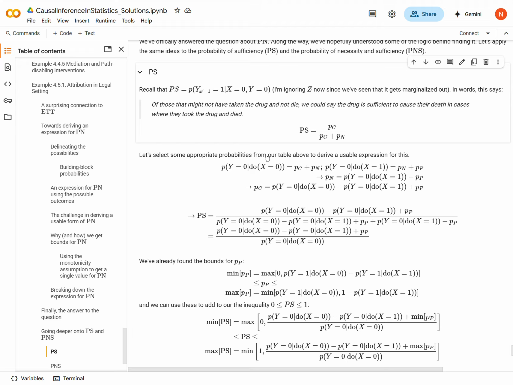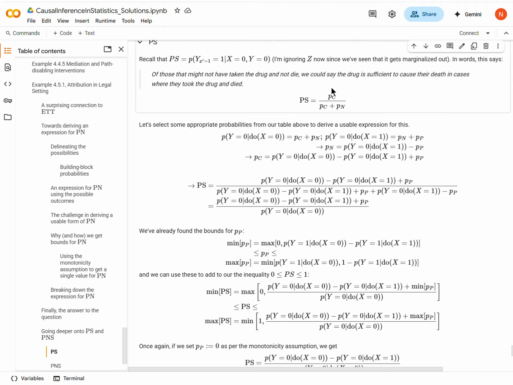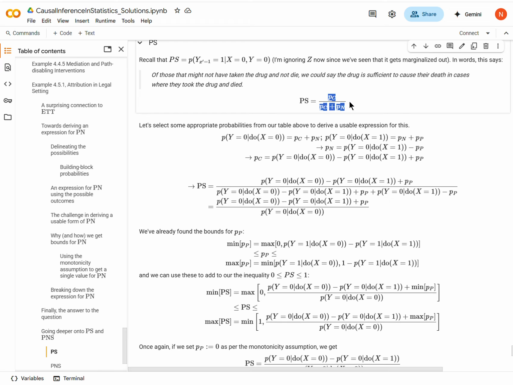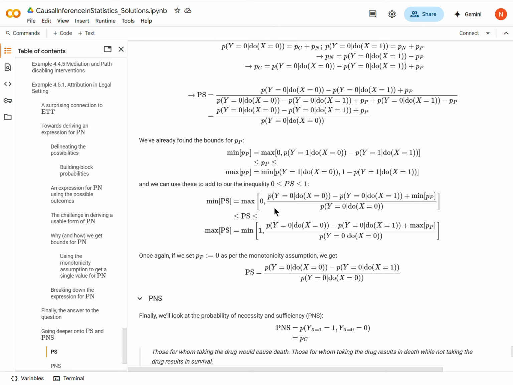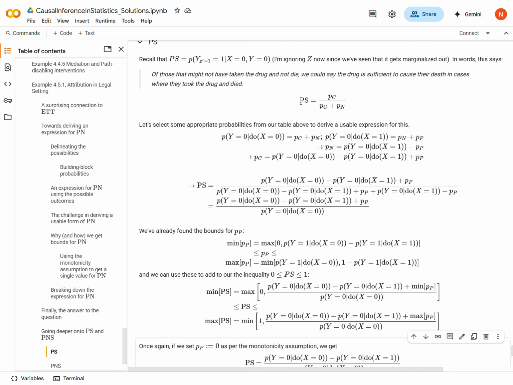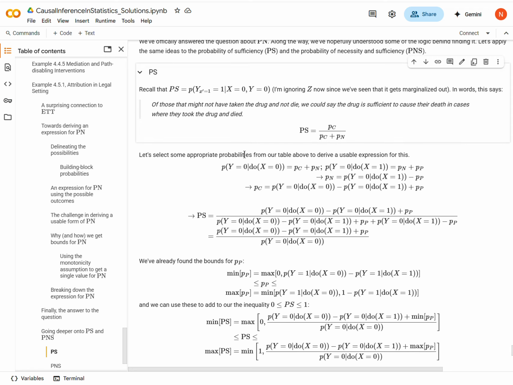Okay, I'm going to gloss over most of this, but I'm just going to get us to these types of expressions where we express PS or PNS in terms of these population proportions here, and then you can walk through the same steps that we already went through above, to find a final expression, or one form of a final expression here. Okay, so now we have the probability of sufficiency. Okay, so what is the probability of sufficiency?